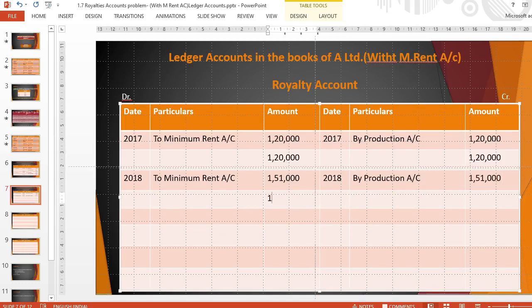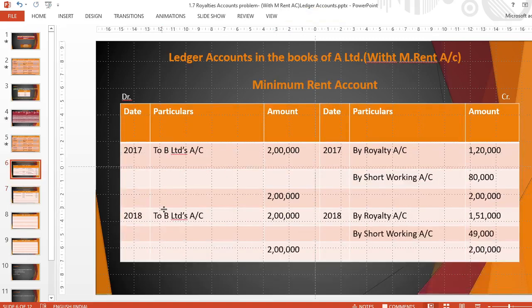There are no more entries in the year 2018. So I'll close the books of accounts for the year 2018. And the next year, 2019. In the year 2019, you should check here, we have not prepared minimum rent account. So there is no entry of royalty account in the year 2019.